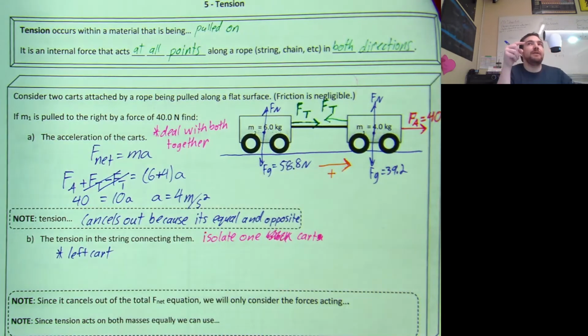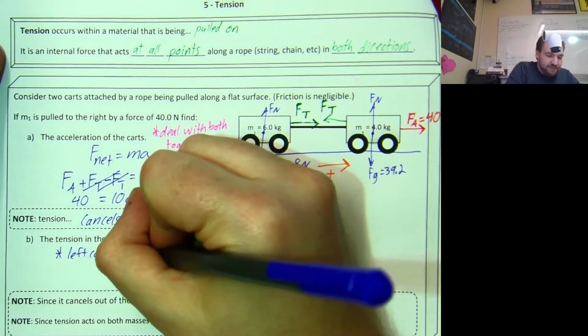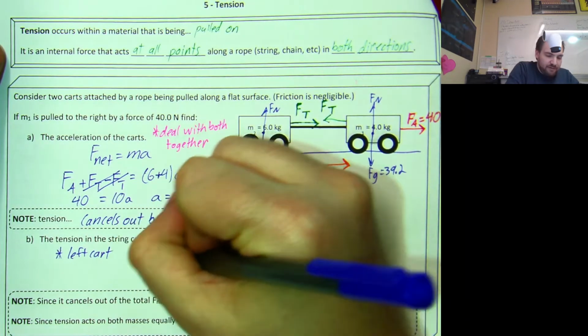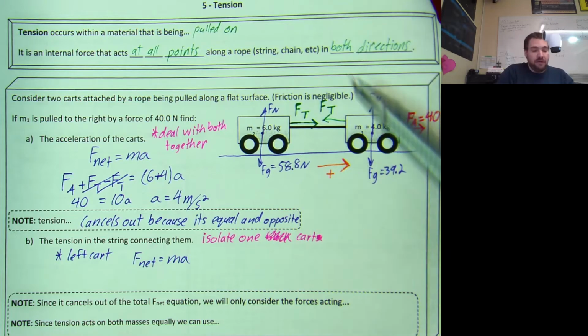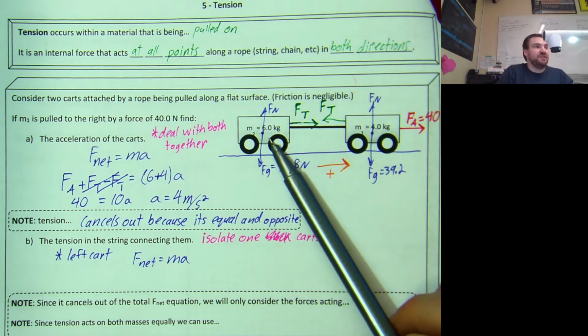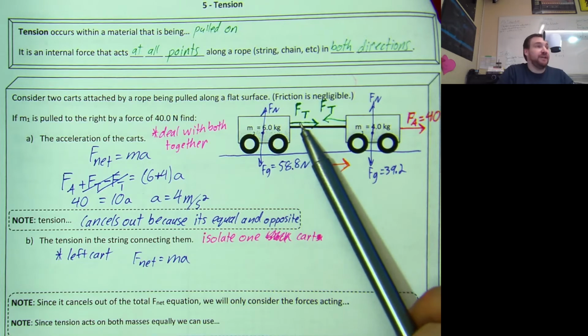For the left cart, what are the forces acting in the direction of motion? Gravity, normal? In the direction of motion, Connor. Tension. Tension is the only one. The only thing that's causing this cart to accelerate is this force right here.